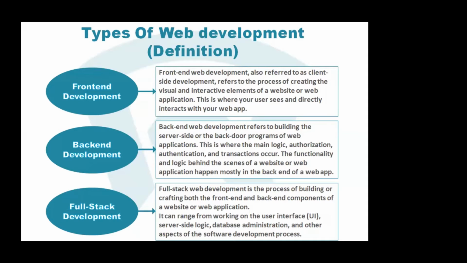Then back-end. Back-end web development refers to building the server side, or the backdoor program of the web application. This is where the main logic, authorization, authentication, and transactions occur. The functionality and logic behind these skins of a website or web application happen mostly in the back end of a web app.